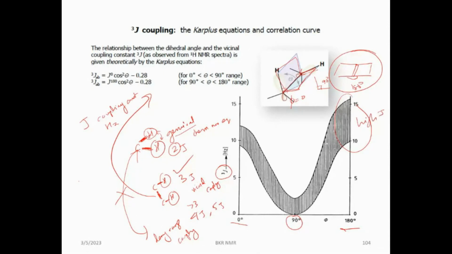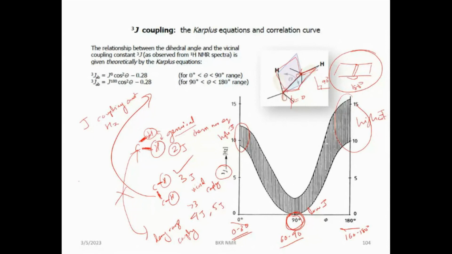For the ranges 0 to 30, 60 to 90, and 160 to 180: at 0 to 30, low dihedral angle, you have a high J value. At around 90 degrees, you have a low J value. But when the dihedral angle is nearly 180, you have the highest J value.